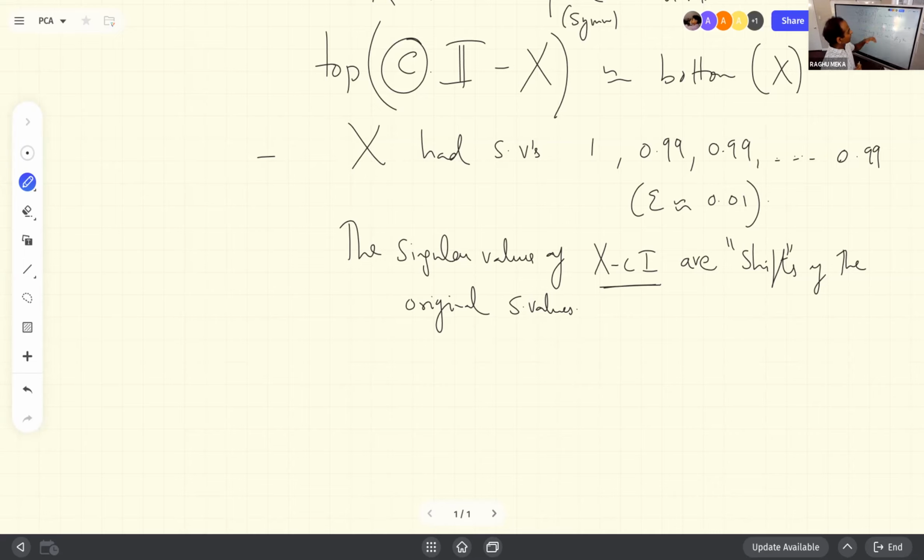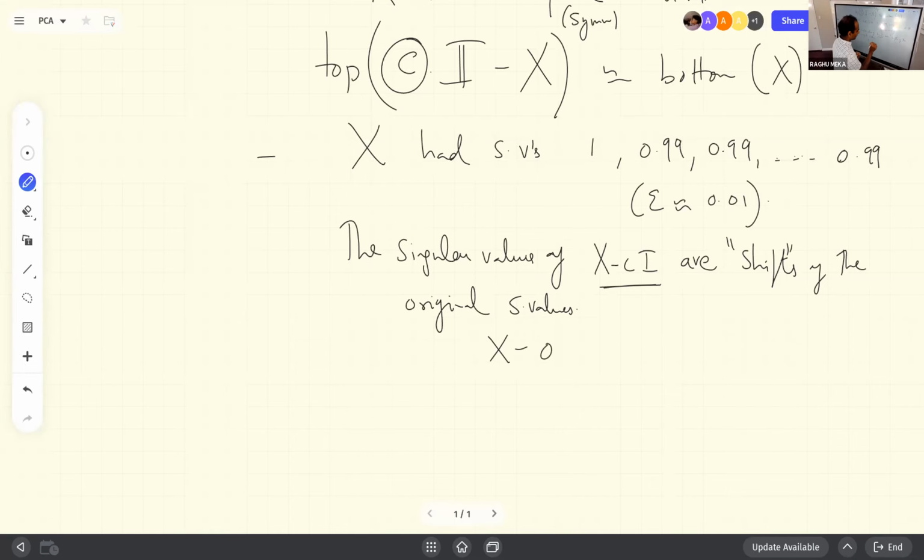So if this is something that I can do, then what can I do? Any suggestions? If you want to speed up the convergence of power iteration, is there something to gain by looking at X minus cI for some c? What do you think?